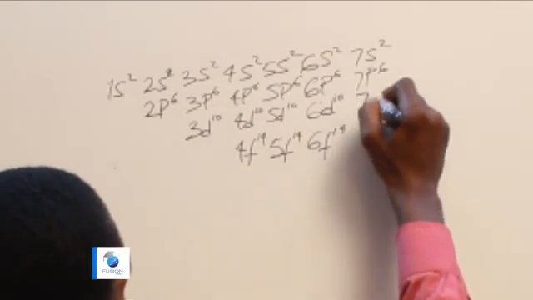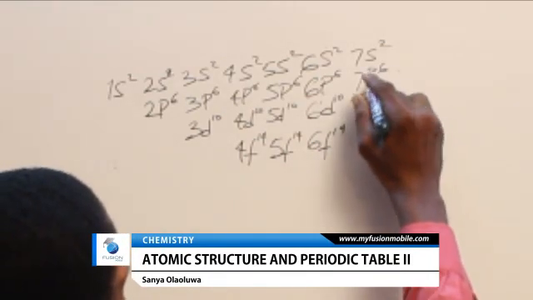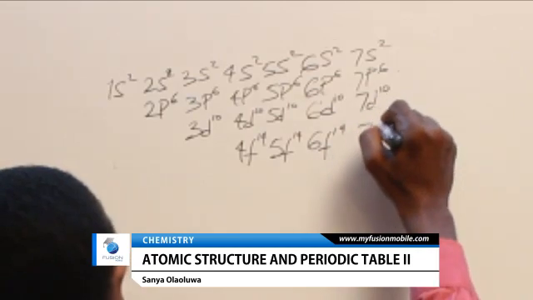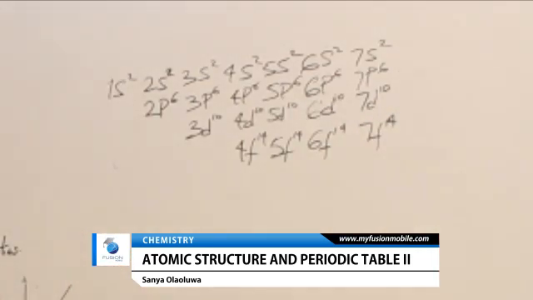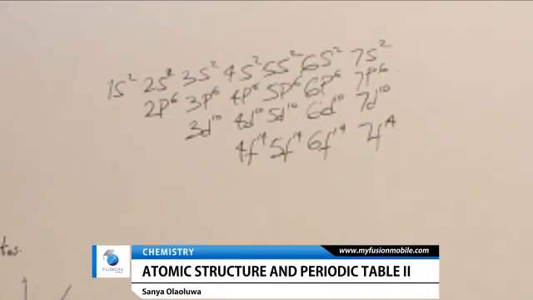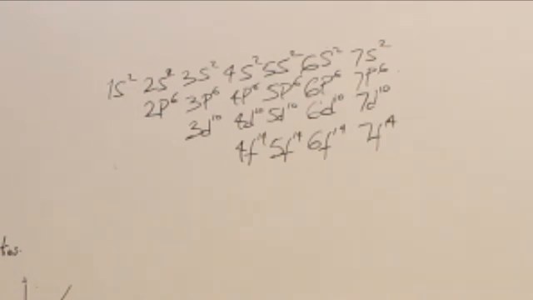6f14, 7d10, 7f14. Of course, our F will always have 14 electrons. Our D will always have 10 electrons. Our P will always carry 6 electrons, and our S will always carry 2 electrons.